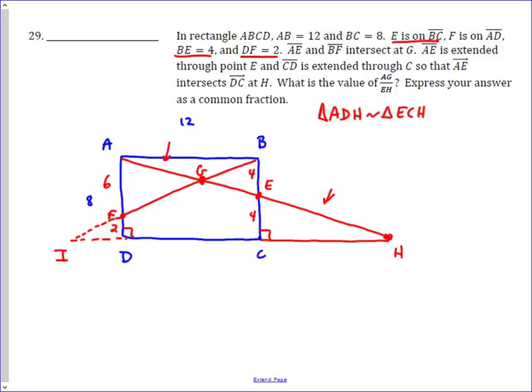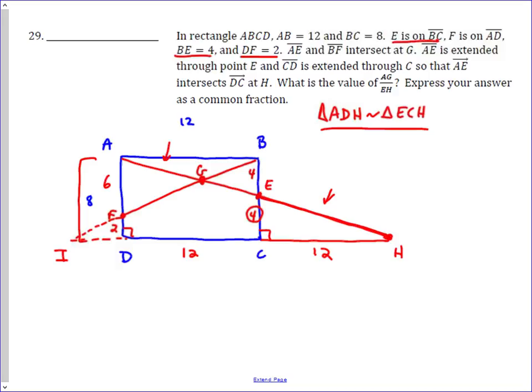Because of this similarity, we can actually get pretty far, and that is, this length is 4, AD is 8, which means that it's exactly half, and so that means if this is 12, this is also 12. And if those two are 12, then we can actually calculate what EH is.